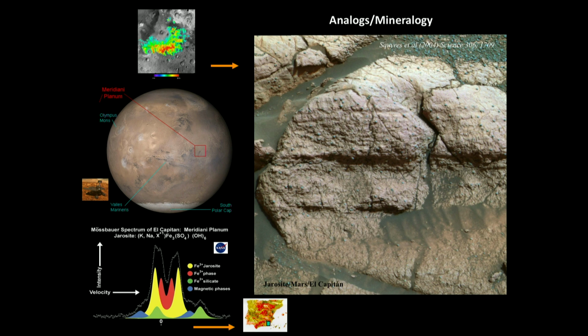In this area, in Meridiani Planum, they analyzed the outcrop of El Capitán, and they found, I think it's very difficult to see here, these blueberries, some spheres, spheroidal textures, and these textures were rich in goethite, in hematite, and also in a mineral called jarosite. This discovery was made in 2004, when the Opportunity reached the area.